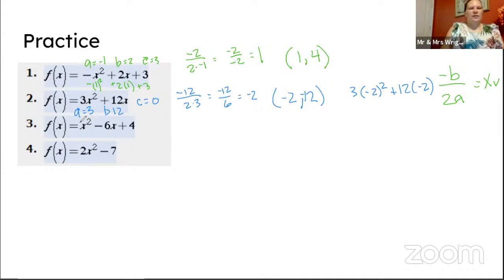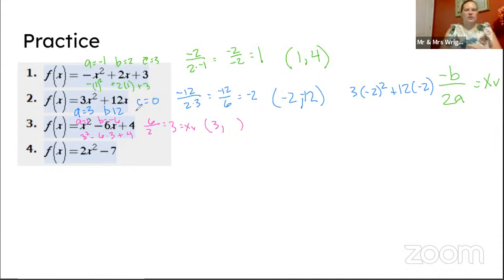All right, moving on. Here we have A is 1, B is -6, and C is 4. So let's plug these in. The opposite of B is going to be +6 over 2 times A, which is 1. So 6 over 2, which is 3. So x of the vertex equals 3. And then let's plug it in. 3 squared minus 6 times 3 plus 4.